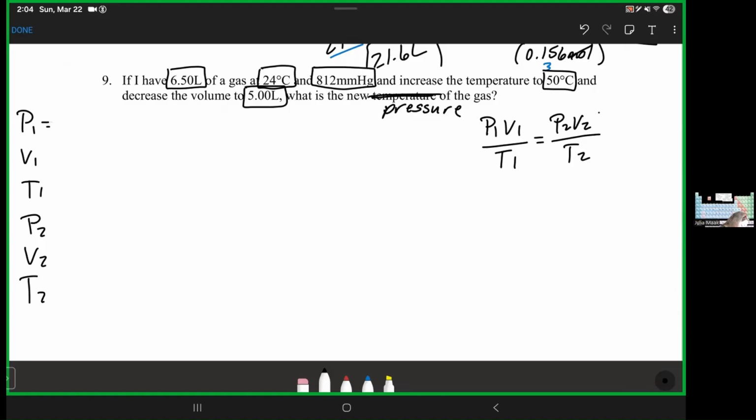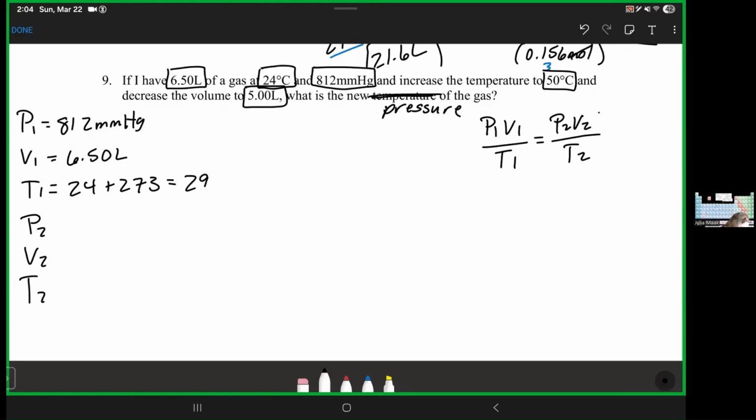So my first pressure was the 812 millimeters of mercury. My first volume, 6.50 liters. My first temperature was 24 Celsius, but I have to add the 273. And since there's no decimals in my temperature given, I don't need to worry about the 0.15.